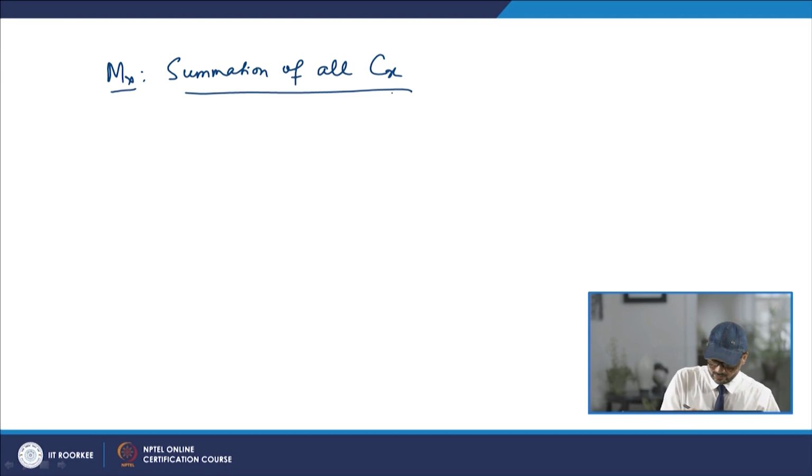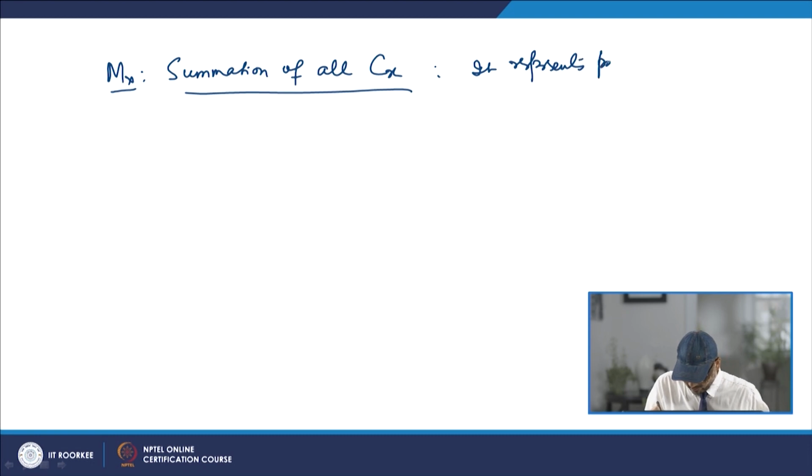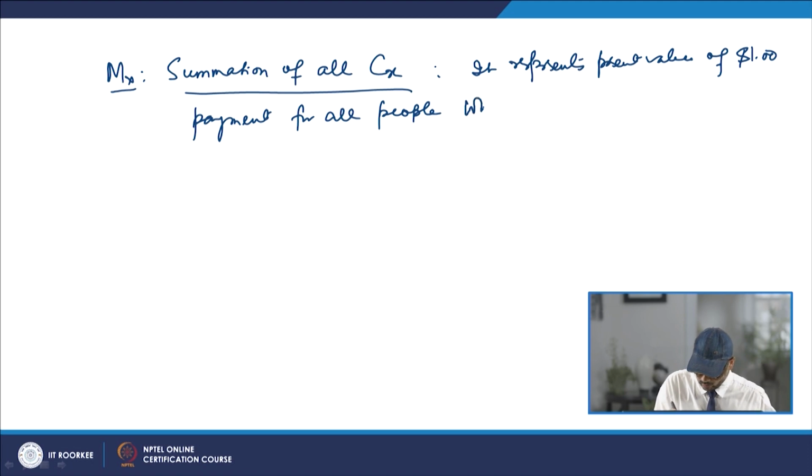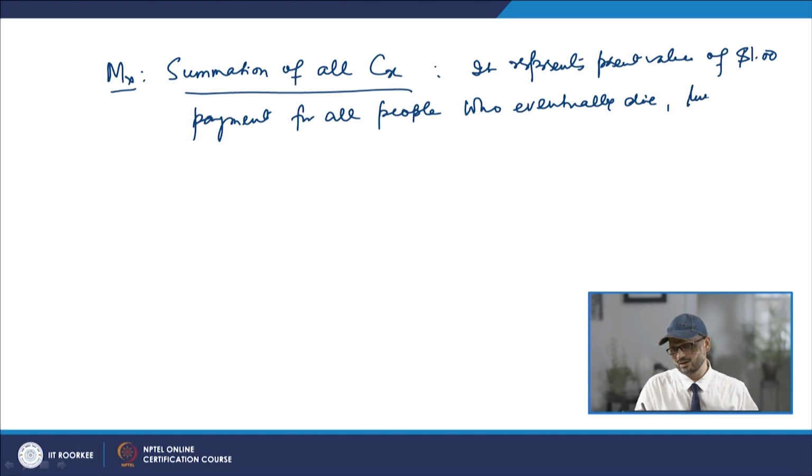So it represents the present value of a $1 payment for all people who eventually die but are still alive at age x.